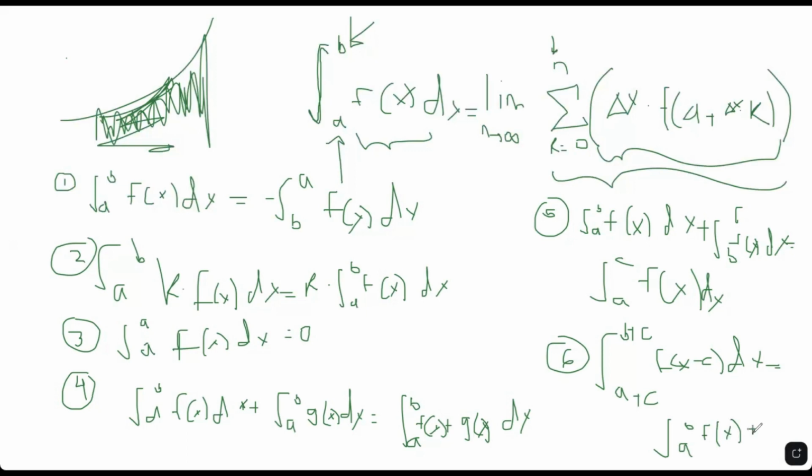Another way to think about it is, if you translate the actual function horizontally to the right by c, that's what this is doing. You also increase the bounds by that same c. If you translate it horizontally to the left by c, you decrease the bounds by the same c.